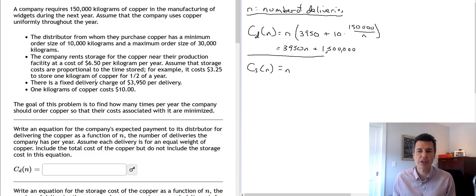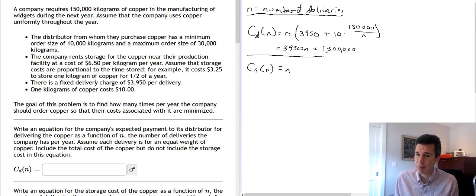Okay, so the real question here is, how long does a kilogram of copper get stored? And the best way to think about this is that if I get a delivery of copper, I'm going to use that sort of continuously throughout the time over which the delivery happens. So let's say I delivered once a year, then I would get 150,000 kilograms of copper.